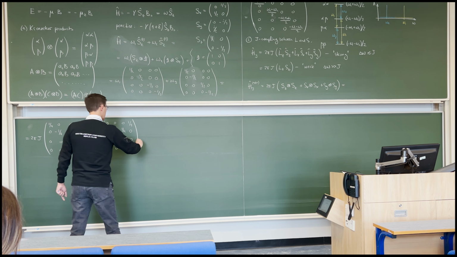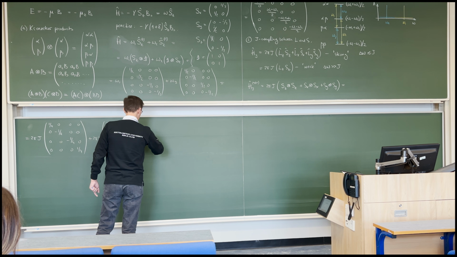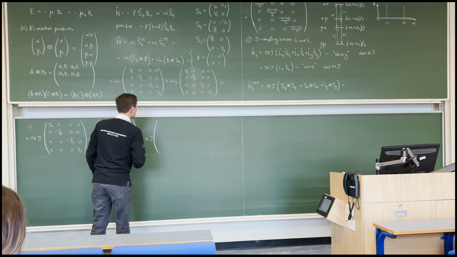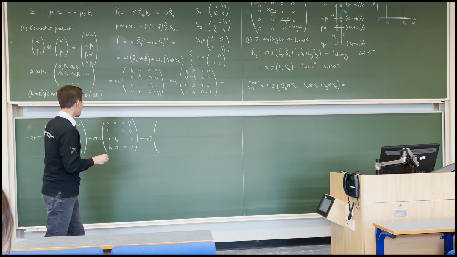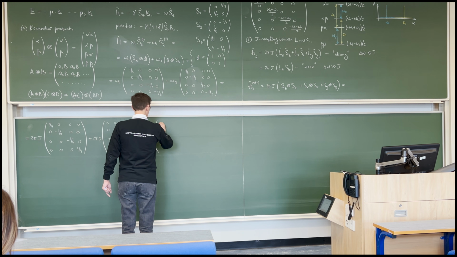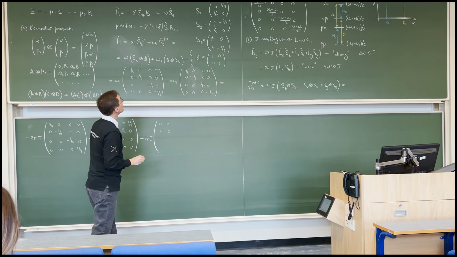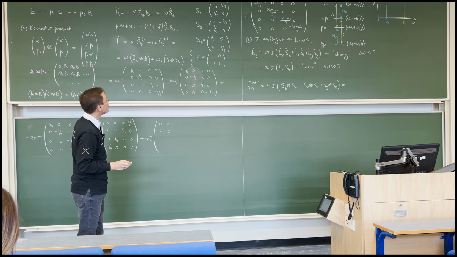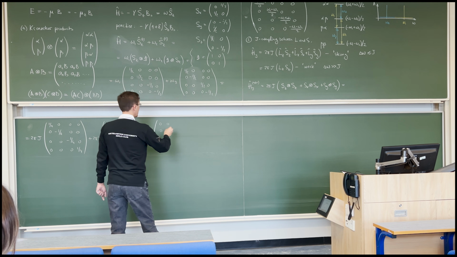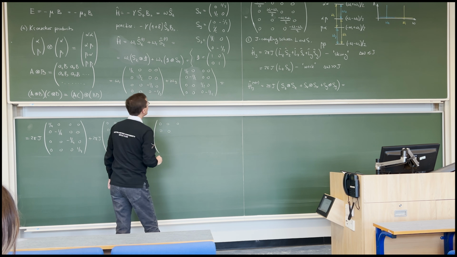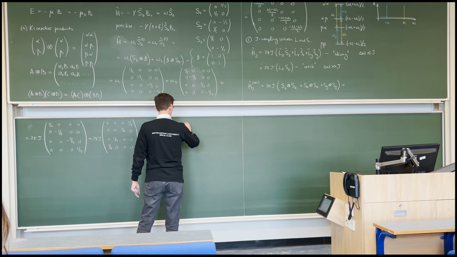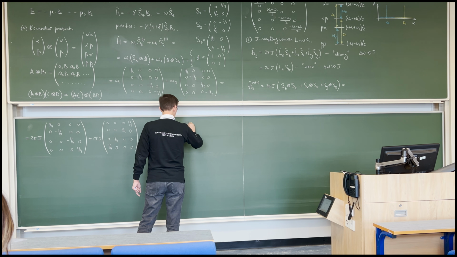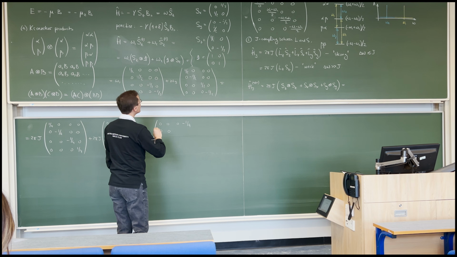That is the XX, plus 2 pi J and the YY. And here we need to be careful not to mess up the signs. So 0, 0, 0, 0. And then minus i over 2 times that entire matrix. So 0. Minus i times minus i is minus 1 quarter. So quarter here.